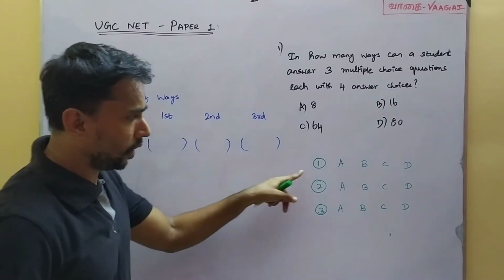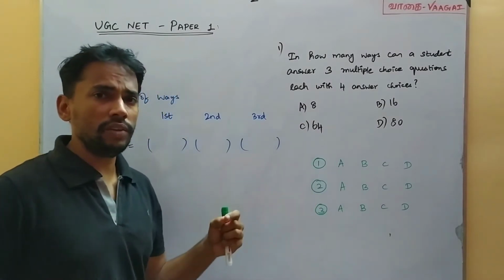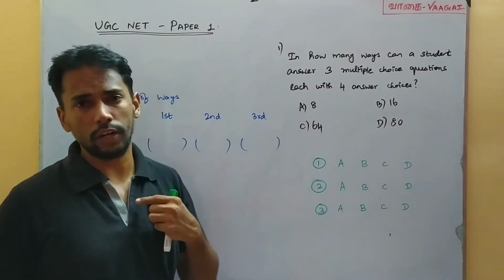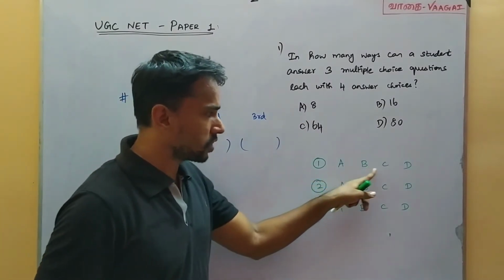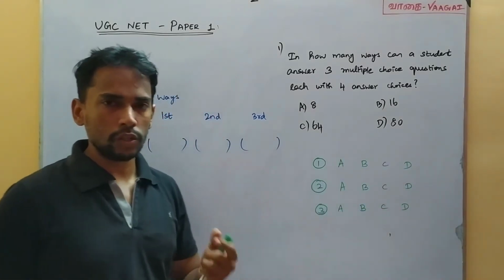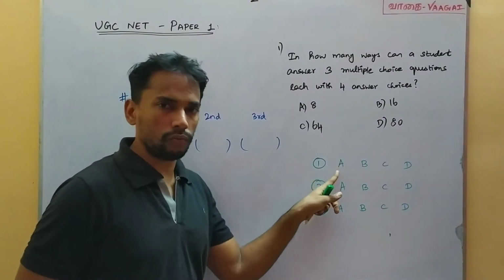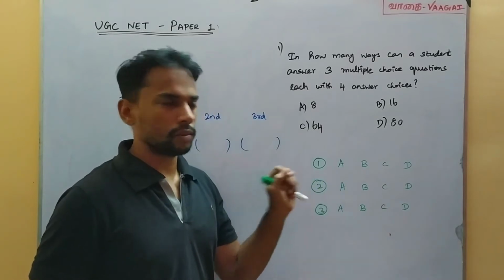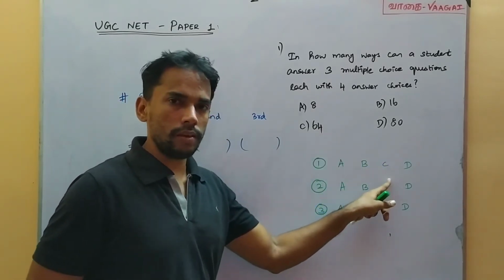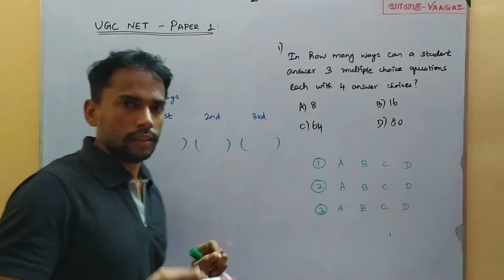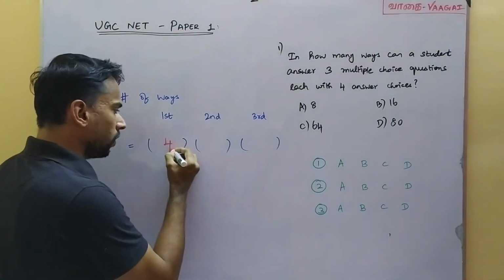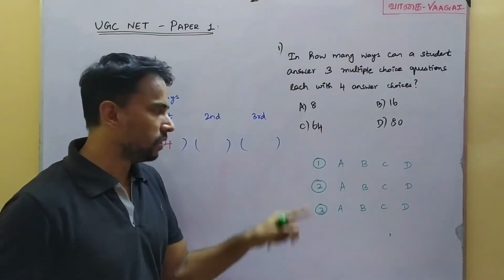When the student is going to attend the first question, in how many ways can he answer it? That is what we need to think. There are 4 choices for this first question. So the student can go for either option A or B or C or D. That means there are 4 different ways to answer the first question.